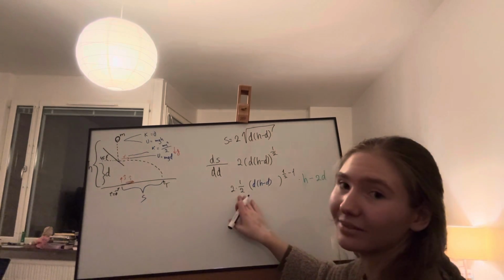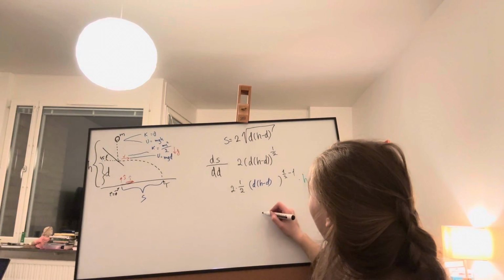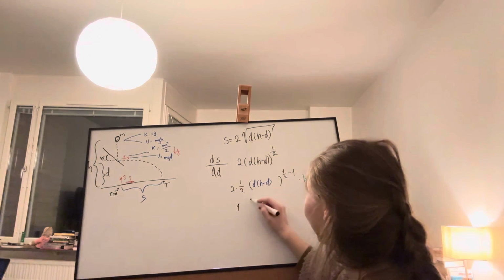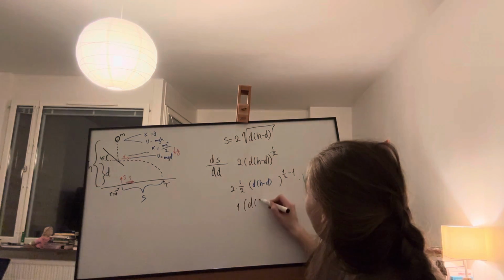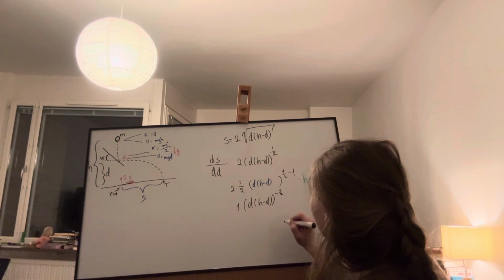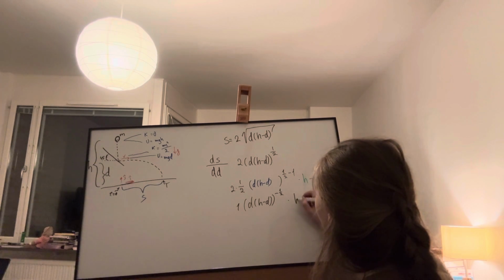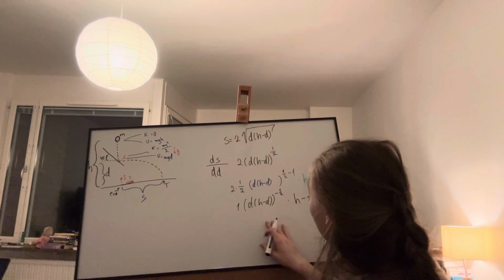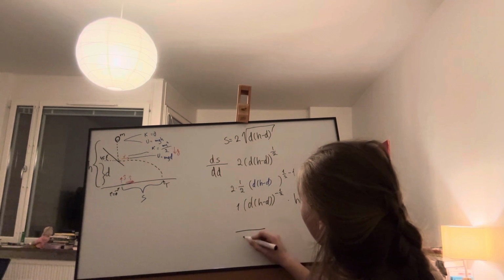So we have 1 over the square root of d(h minus d), times h minus 2d.